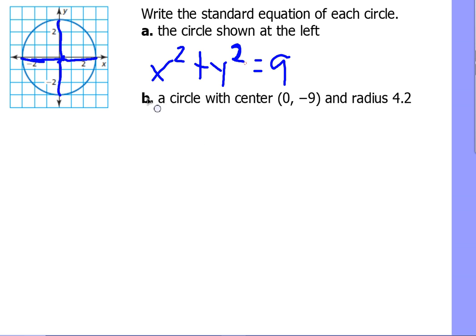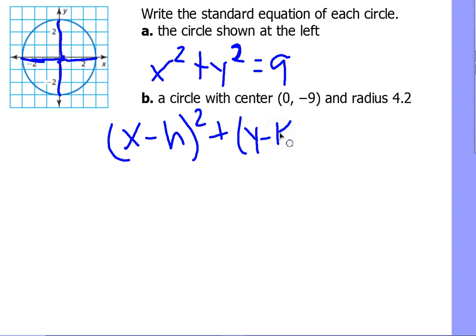For part B, we want to write the standard equation of a circle. Remember it's x minus h quantity squared plus y minus k quantity squared equals r squared. Well, 0 is my h, -9 is my k, and again, it's the opposite of what you see in either direction.